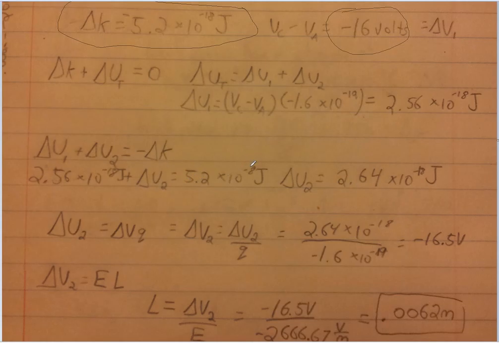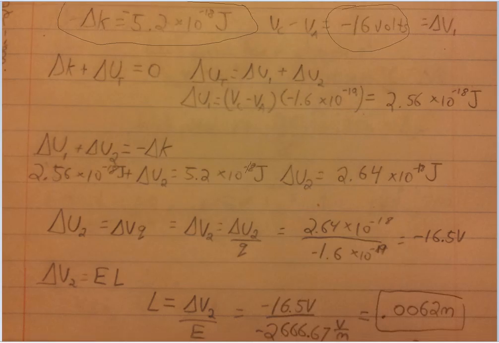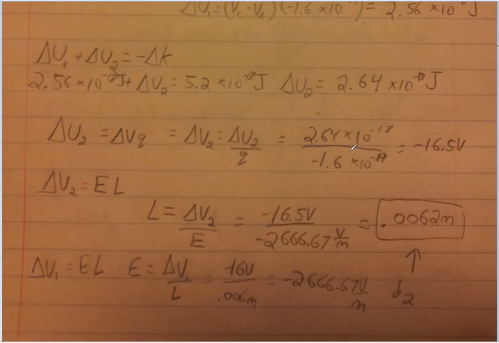That's supposed to be an 18 here. I'll fix that. And so our change in potential energy of area 2 is 2.64 times 10 to the negative 18. Using that, we can find the potential difference of that area by dividing the potential energy of area 2 by the charge, and we'll get negative 16.5 volts.